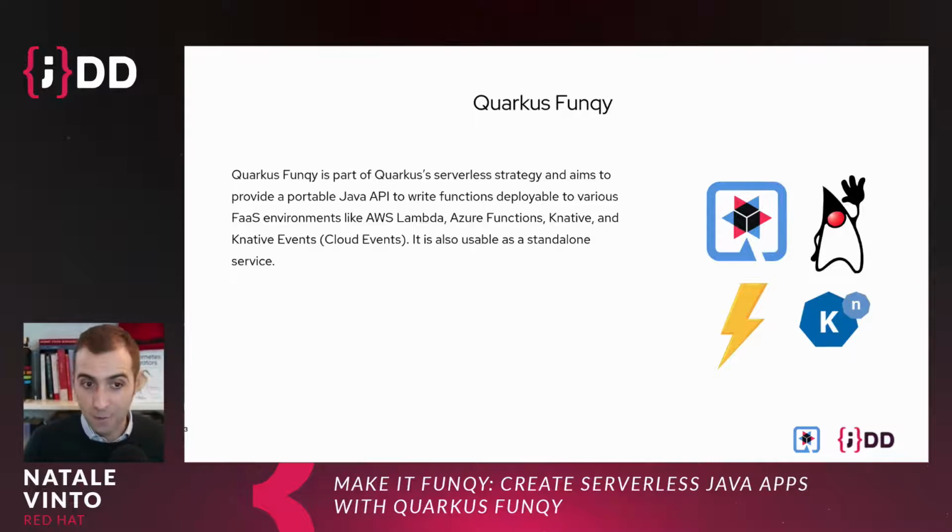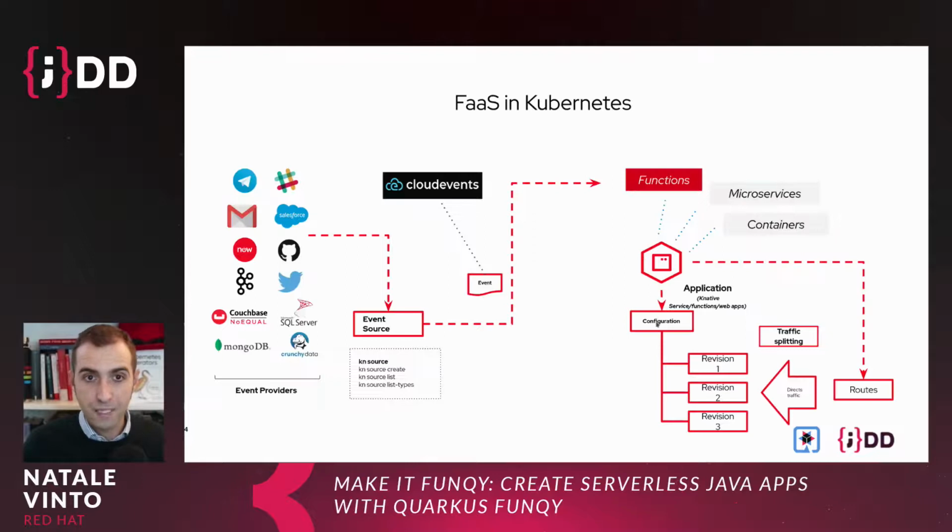We will see in the demo how to be agnostic and run on any Kubernetes. So this is a kind of abstraction that keeps you writing Java code that can run on many serverless platforms. And moreover, it lets you be very powerful and agnostic when using Kubernetes and Knative. We will see that in a moment.